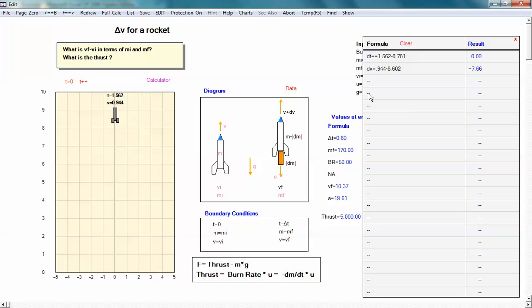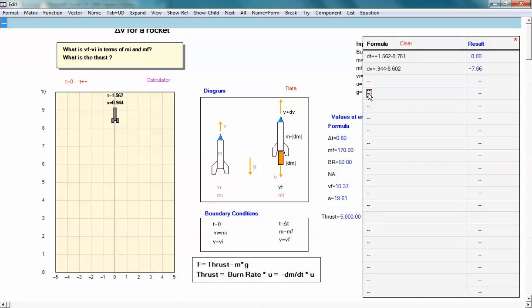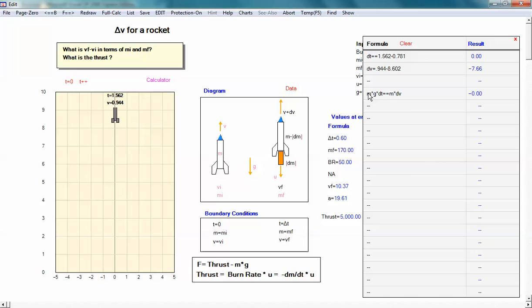According to my formula that I derived a few minutes ago, the impulse, which is going to be the force of gravity, m times g times dt, that's the impulse, should be equal to the change in momentum, which is m times dv. And it's absolutely wrong.